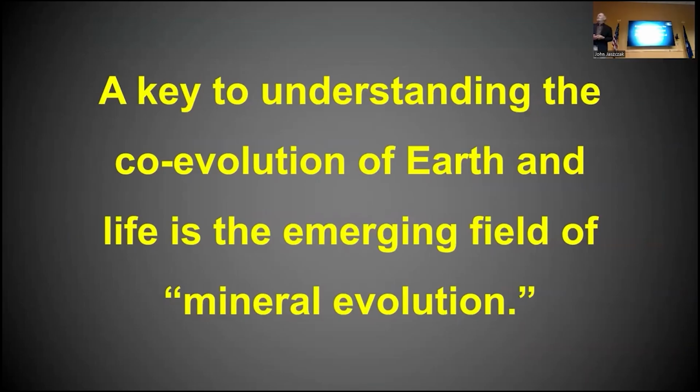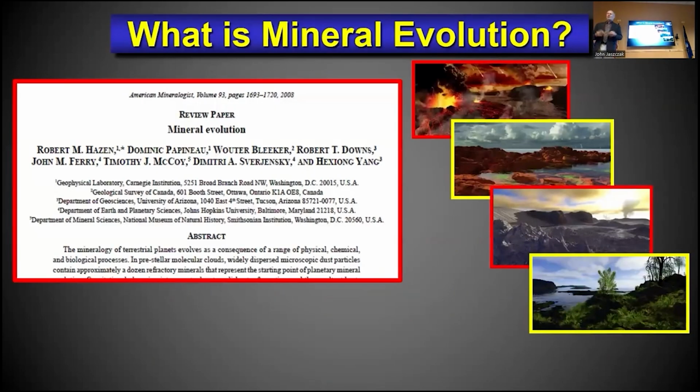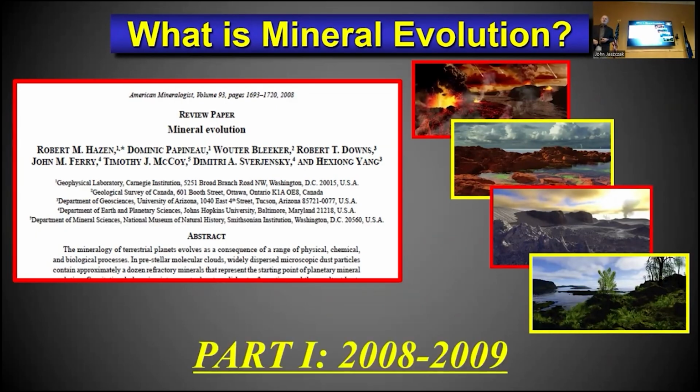And so a key to understanding this evolution, and particularly the coevolution of Earth and life, is an emerging field called mineral evolution. This idea was introduced in 2008 in a paper that appeared in American Mineralogist. And I think of this as the very early part one of a three-part story about the evolution of mineral evolution.